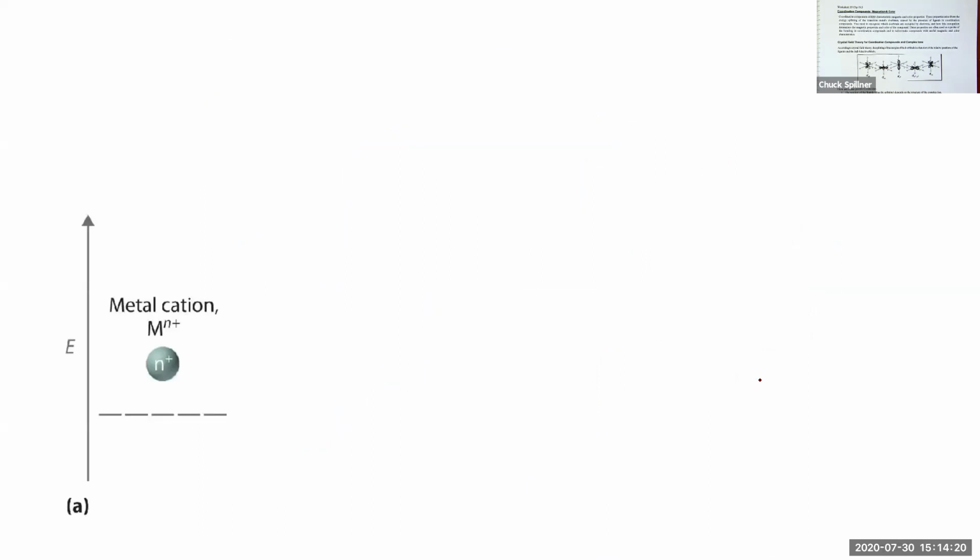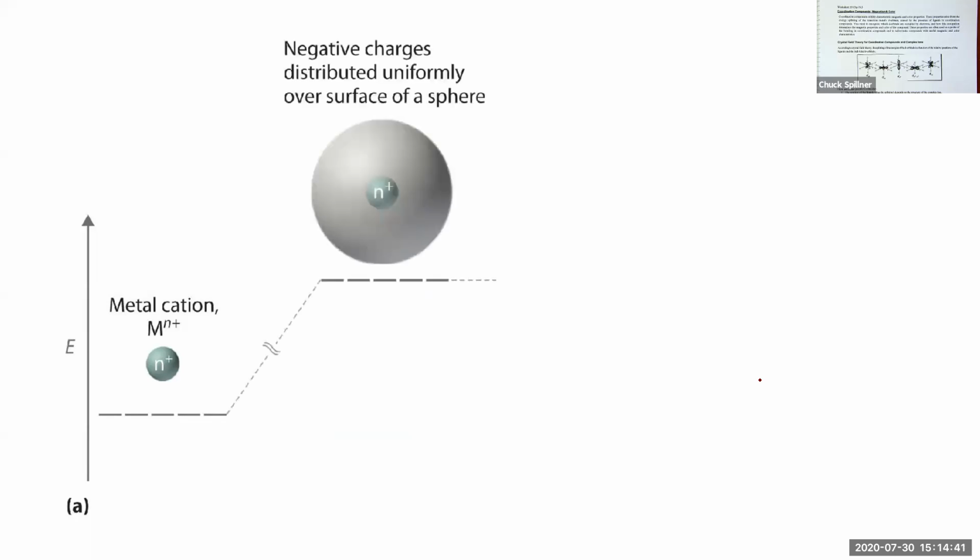So here's a model of what goes on when the ligands approach a metal ion. On the left side, we have 5 d orbitals, and they're degenerate. Remember, they're all the same energy. There's an energy axis here on the left side. As the ligands approach, they produce an electrostatic field around this ion, and that electrostatic field matters because there are electrons in there.